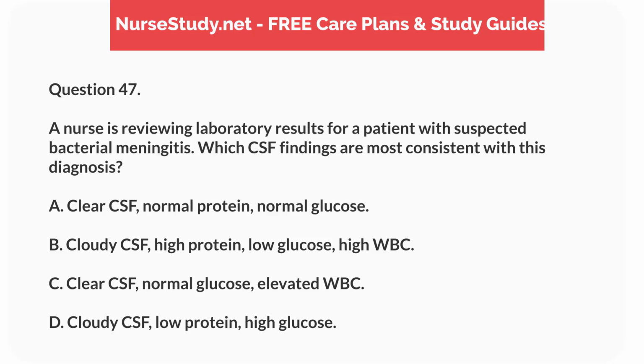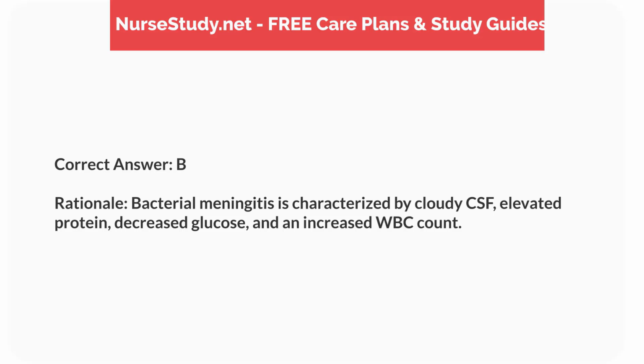C. Clear CSF, normal glucose, elevated WBC. D. Cloudy CSF, low protein, high glucose. Correct answer, B. Rationale: bacterial meningitis is characterized by cloudy CSF, elevated protein, decreased glucose, and an increased WBC count.